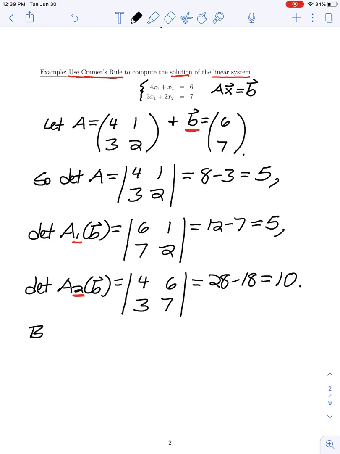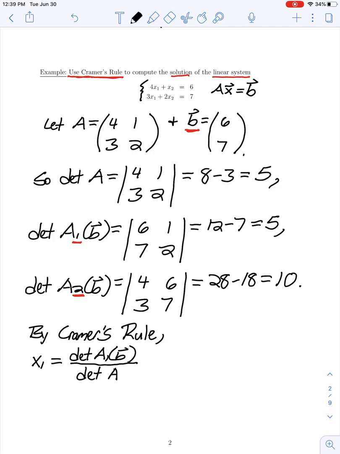So now, by applying Cramer's rule, our solution would be given by x1 equal to the determinant of A sub 1 of b divided by the determinant of A. Using the results we found above, we have 5 divided by 5, or 1.